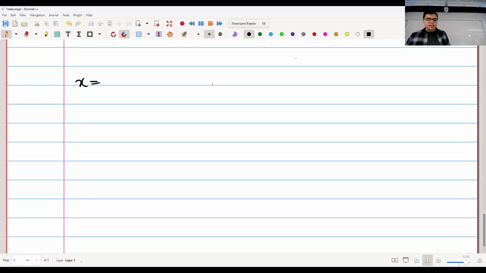I can say 0 point, and then just write all the integers: 1, 2, 3, 4, 5, 6, 7, 8, 9, 10, 11, and so on. I can easily come up with a sequence that is not repeating. So whatever this sequence is, it's not going to be a rational number.